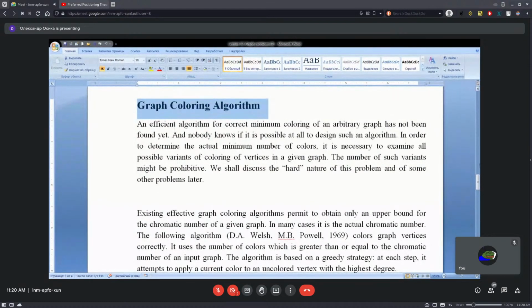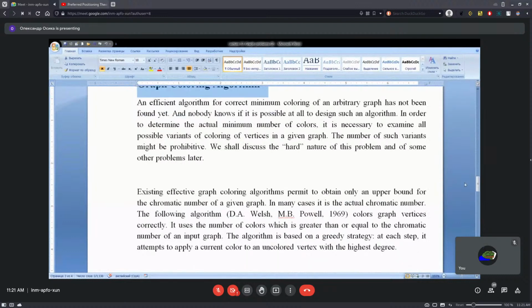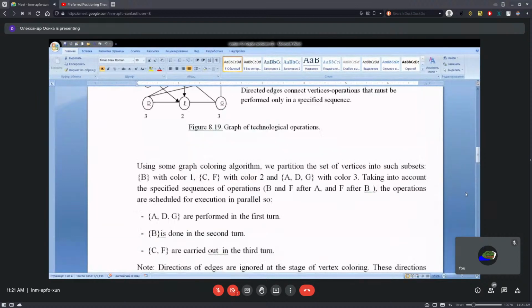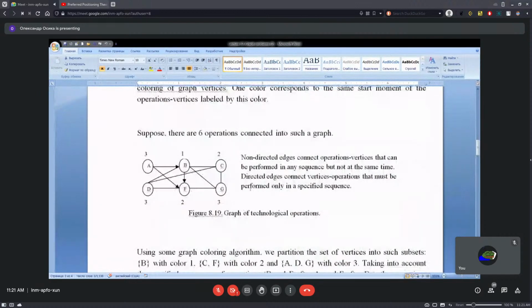Okay, so last time we continued. Last time we discussed the problem of graph coloring, which is the problem of assigning labels to graph nodes in such a way that no two neighboring vertices are labeled with the same color, with the same number, if you like.